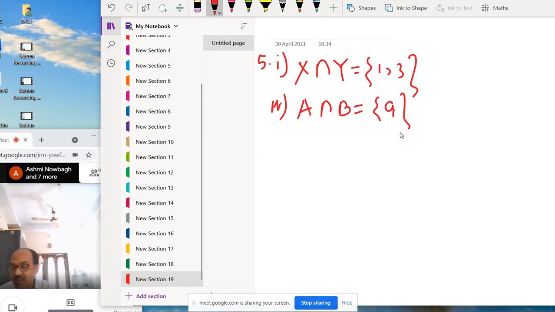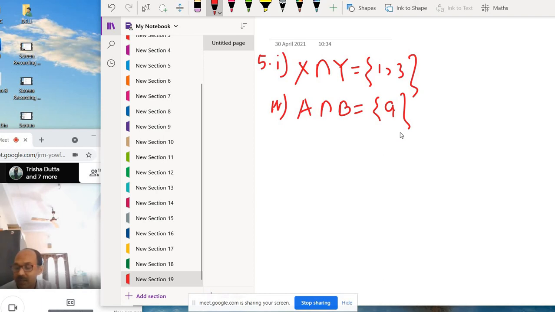Next question is number 3. x is a natural number and multiple of 3. So multiple of 3 means 3, 6, 9, 12, dot dot dot. Then x is a natural number less than 6. Less than 6 means up to 5: 1, 2, 3, 4, 5.